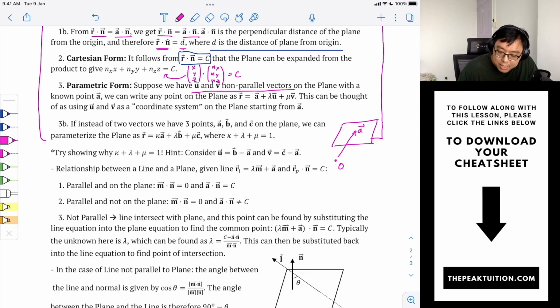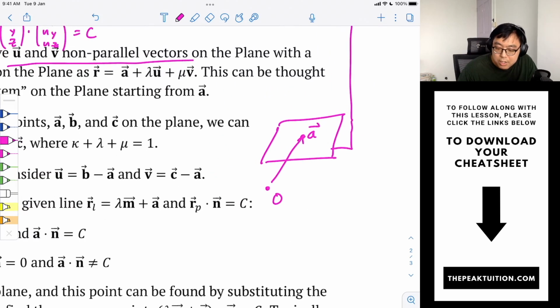We can write any point on the plane as A plus lambda u plus mu v. Remember earlier, we said that if we want to define all the points on the 2D surface, we need two vectors. And this is essentially what we are doing here. Let's say we have a u here and a v here. We can see that all the points along this plane can be represented, starting from point A, as a combination of u and v.